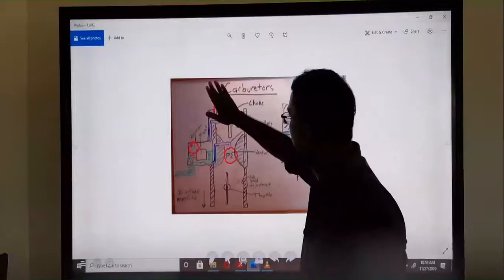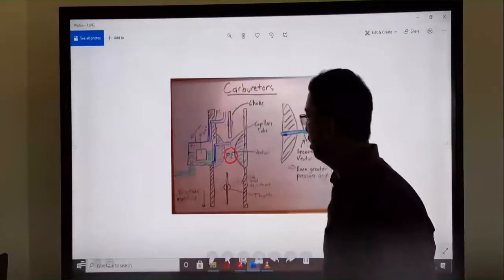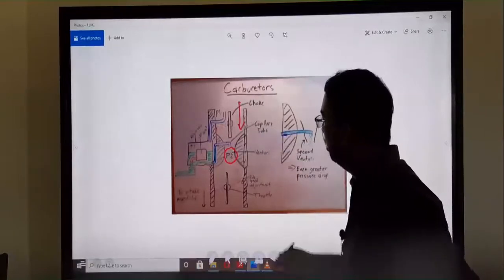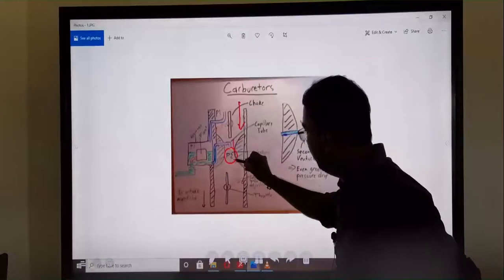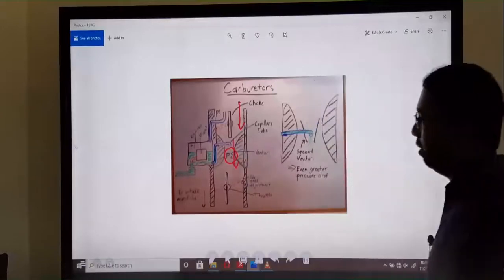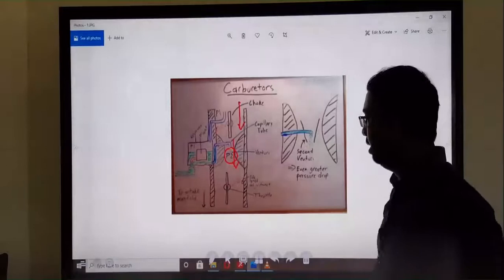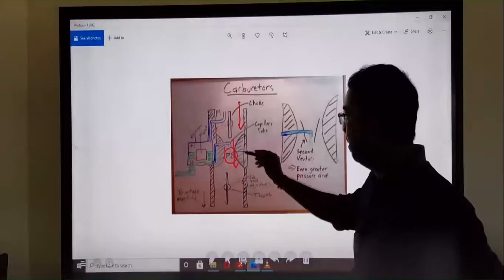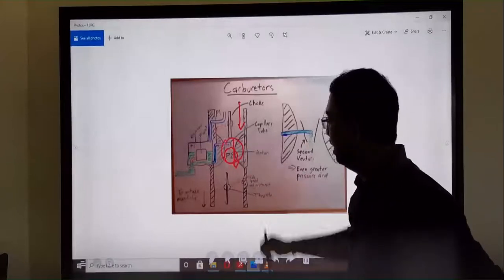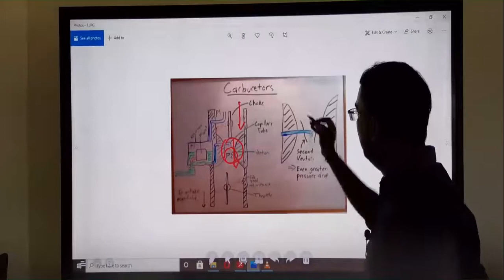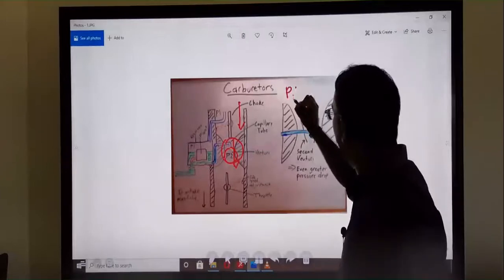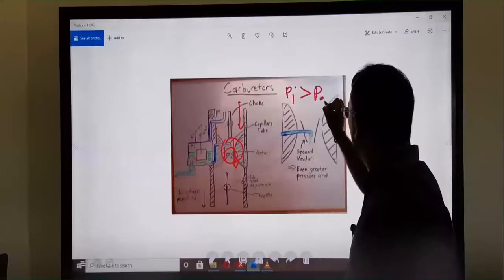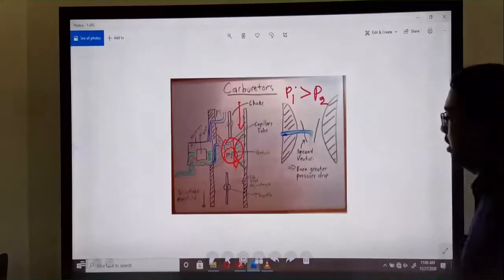When the air comes through this space and arrives at this area, the velocity of the air increases because of the reduced cross section, so there is a sudden pressure drop in this area. So now we know P1, the atmospheric pressure, is bigger than P2.